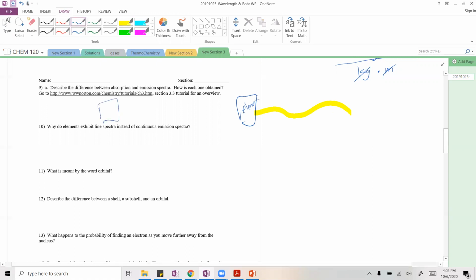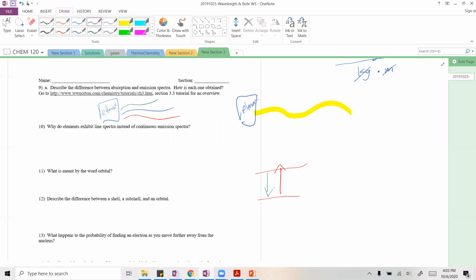This is when you have the element, we've excited it, and now that element is going to release photons at different wavelengths and energies to produce that spectra. So one of them is related to those electrons being excited from one energy level to the next, and the other one is what happens after we've excited them as they fall down. So absorption spectra and emission spectras are a little bit different.